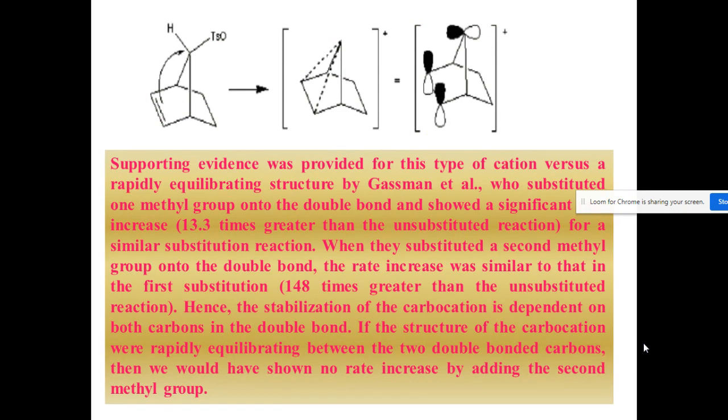When they substituted a second methyl group onto the double bond, the rate increase was similar, nearly 148 times greater than the unsubstituted reaction. Hence, the stabilization of the carbocation is dependent on both carbons in the double bond. If the carbocation structures were rapidly equilibrating between the two double-bonded carbons, we would have shown no rate increase by adding the second methyl group.